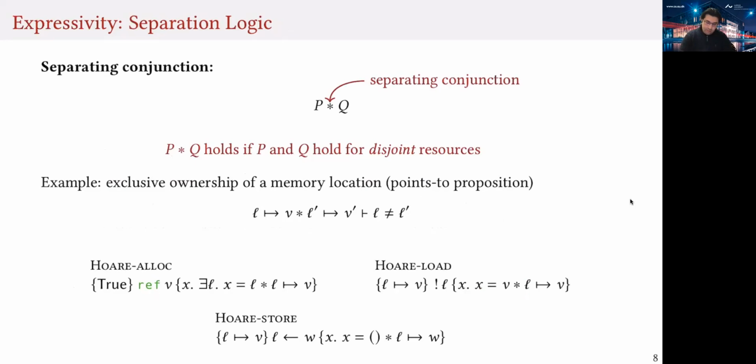Okay, let's go to the separation logic. As I said, we have the separating conjunction in our system, which says that P and Q hold for disjoint resources. Now, what is a predicate that asserts some ownership of resources? Well, the quintessential example is the points-to predicate that asserts ownership over memory.